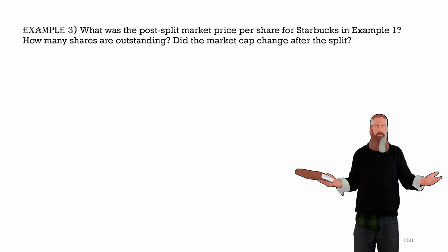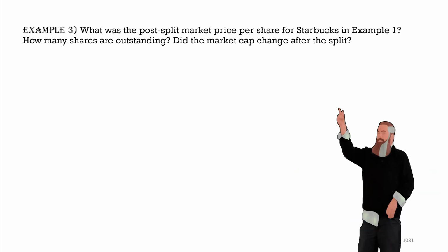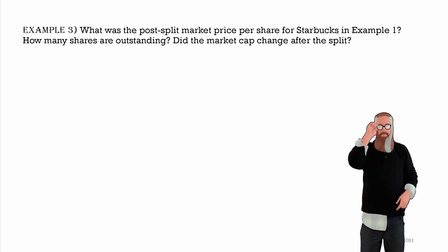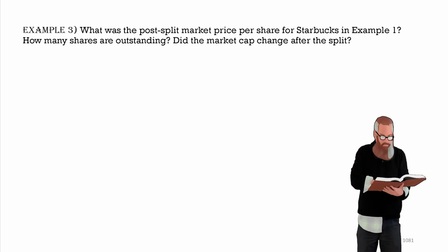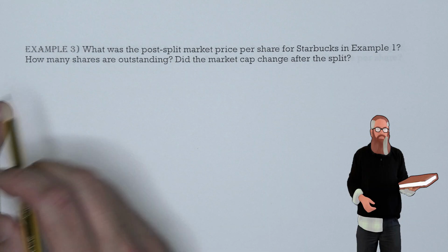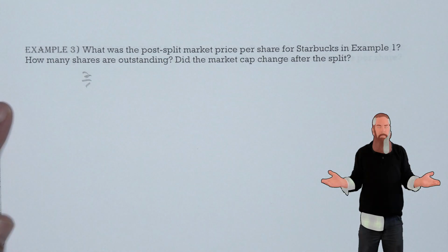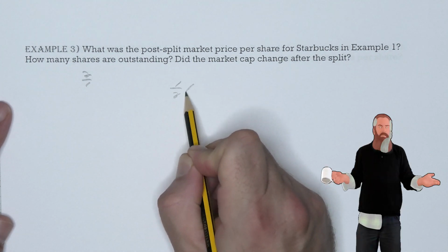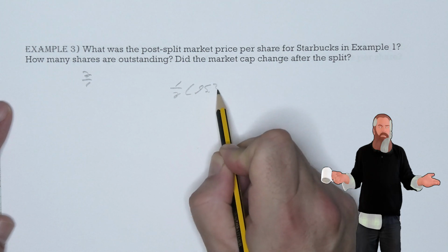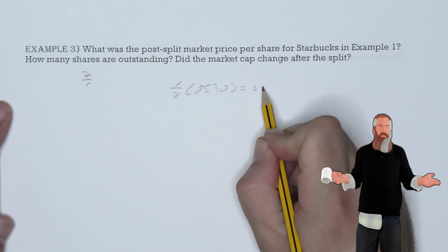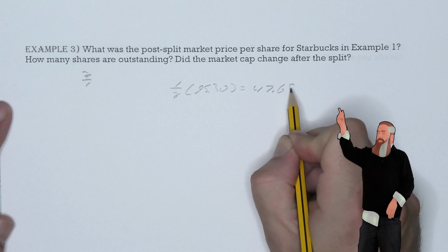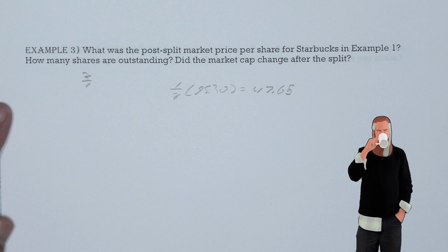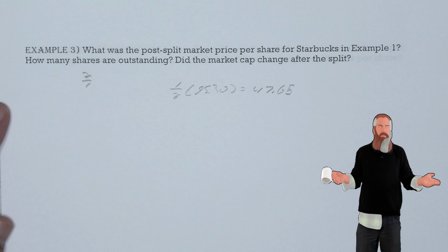What was the post-split market price per share for Starbucks from example 1, and how many shares are outstanding? Did the market cap change after the split? So there was that 2-for-1 split, and for the new share price, it's going to be 1/2 the original share price, meaning 1/2 of $95.30, which gives us $47.65. In a 2-for-1 split, the number of shares are doubled.